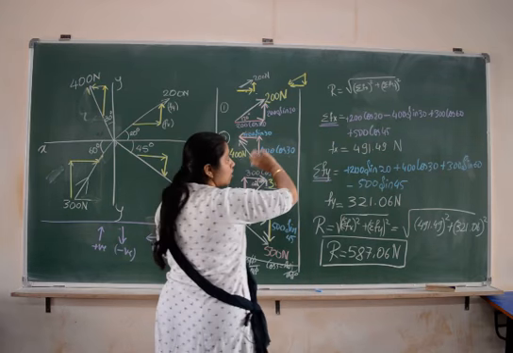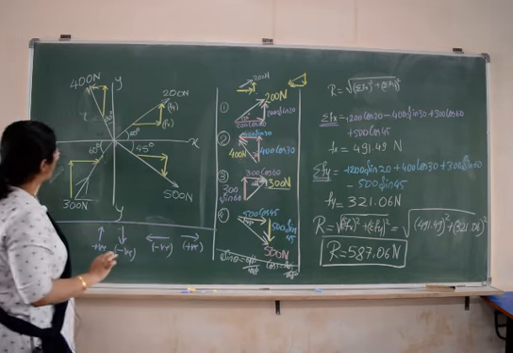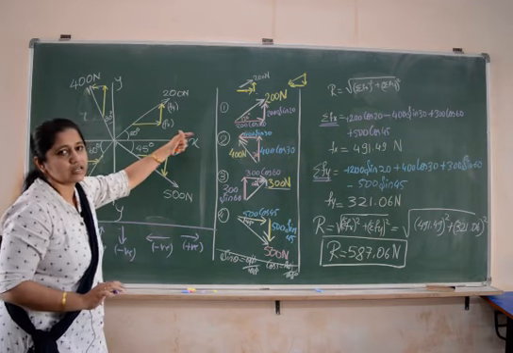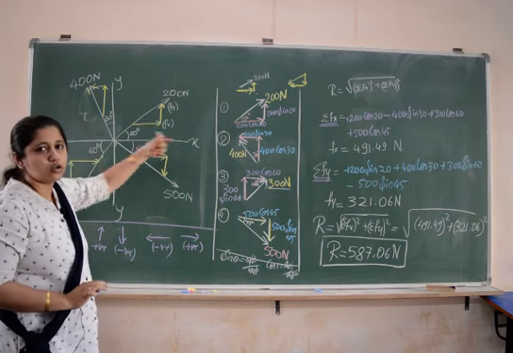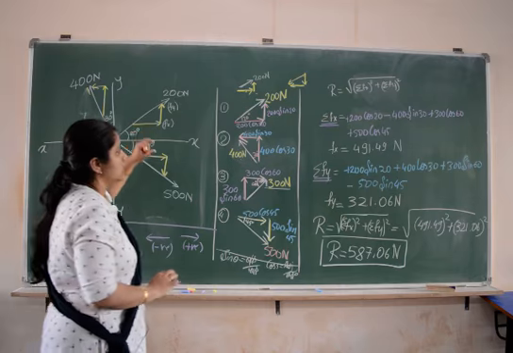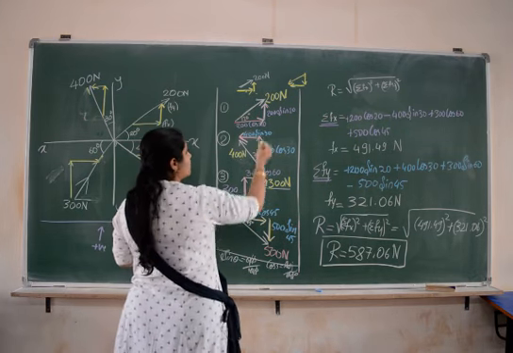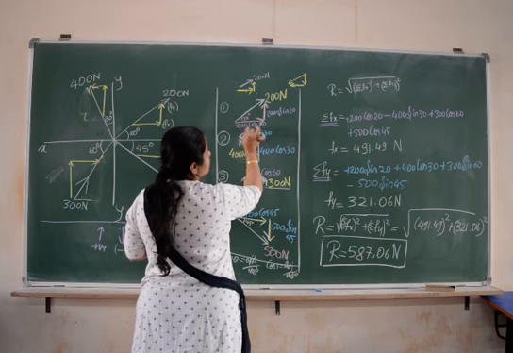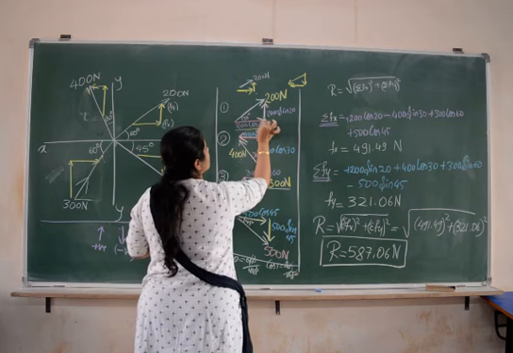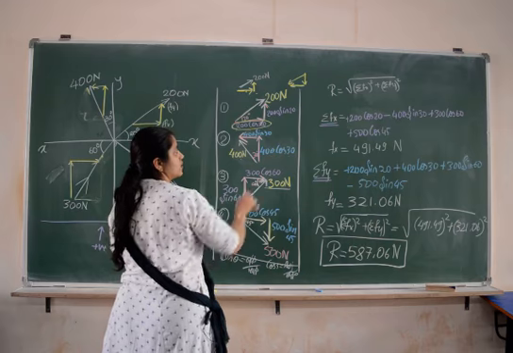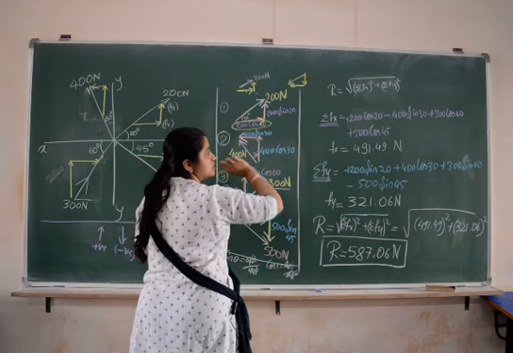So, which are the Fx components? All the components which are along the x direction, all the horizontal components. First, the Fx component is 200 cos 20, direction towards the right hand side.